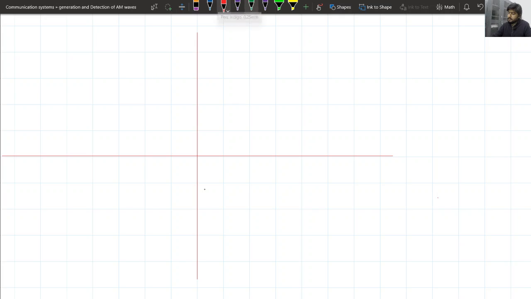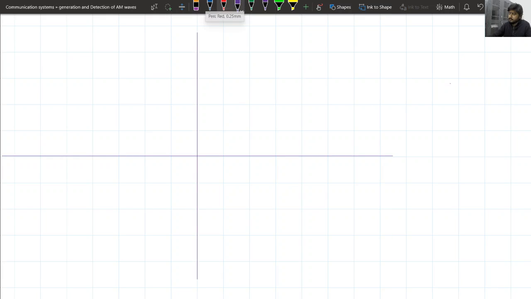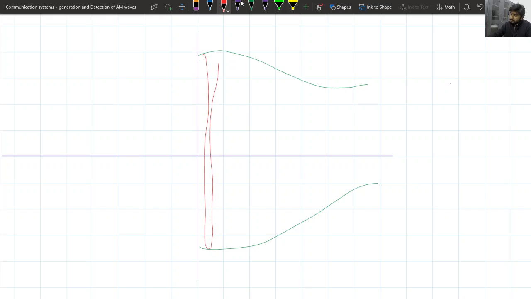Let's say this is the envelope which contains the message signal, and this is oscillating with the carrier frequency.